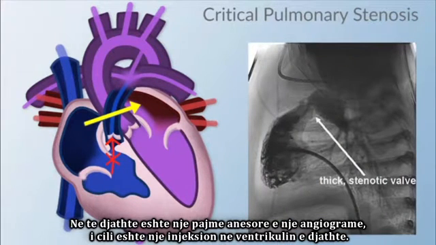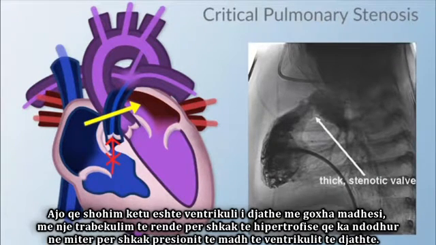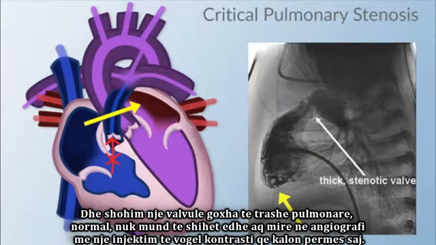On the right is a lateral view of an angiogram, which is an injection into the right ventricle. And what you see here is a good-sized right ventricle, but with relatively heavy trabeculations due to hypertrophy that's occurred in utero because of the very high right ventricular pressure. And you see a very thickened pulmonary valve.